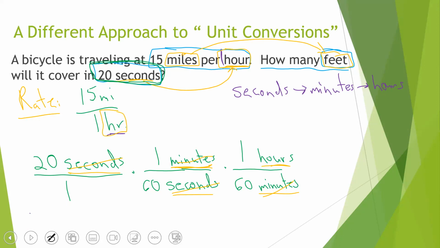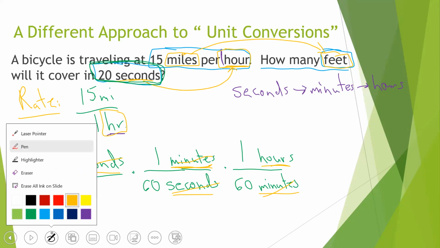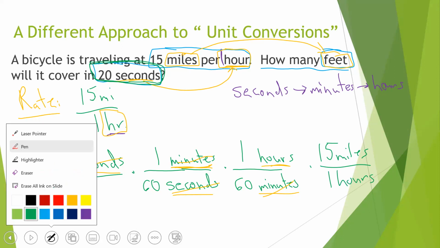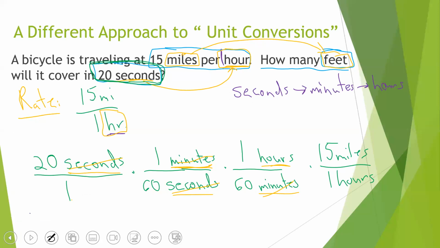And so at this point, since we've now reached those units of hours, we're going to go ahead and multiply by that rate there. So the 15 miles per 1 hour. And notice in this case, I can leave this fraction as is, because when I do that, I end up with hours down here in the denominator, hours here in the numerator, and those will cancel out.